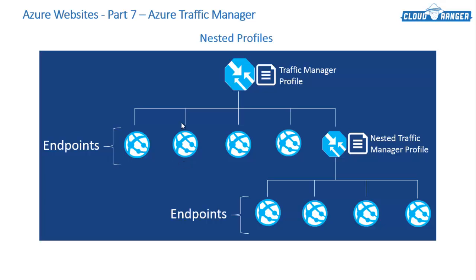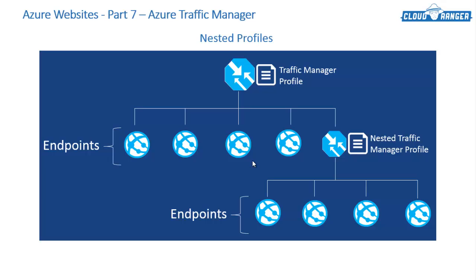And you load balance this based on performance. What have we learned about performance? Performance is based on proximity to the data center. So if you are in North America, you will hit these four sites because they will be in different locations, US East, US West, US East 2, all these locations here.